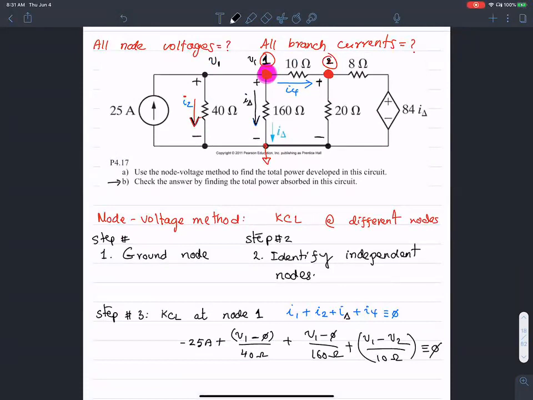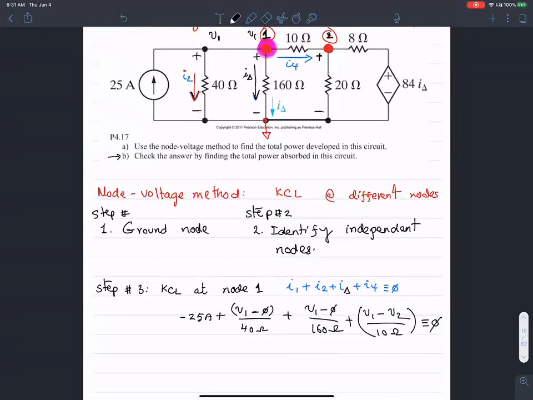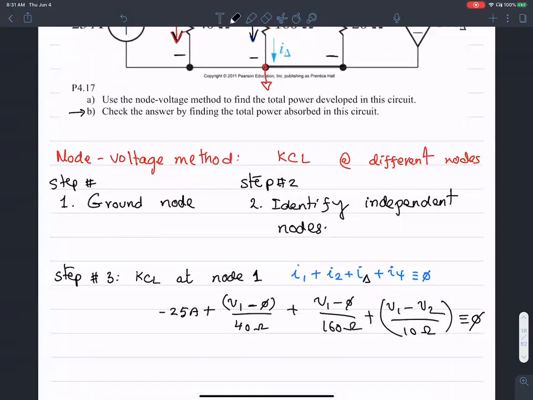You can go through some gymnastics, massaging the equation a little bit. I just want to give you the equation that you get after going through the algebraic manipulation.